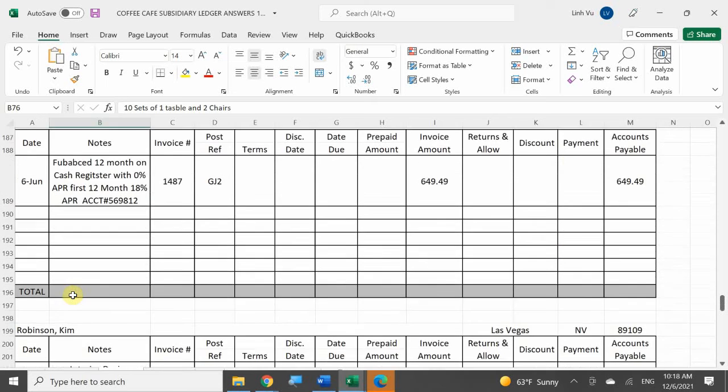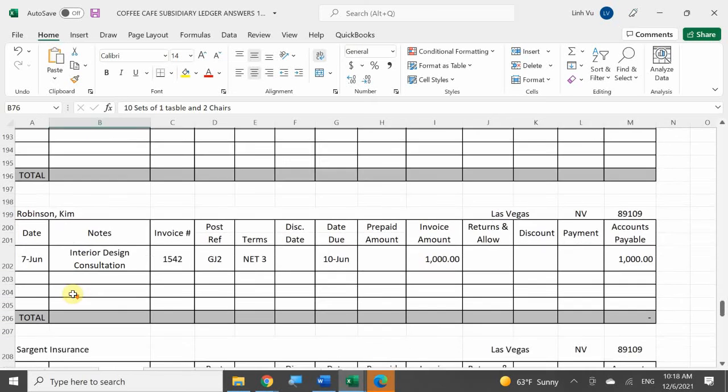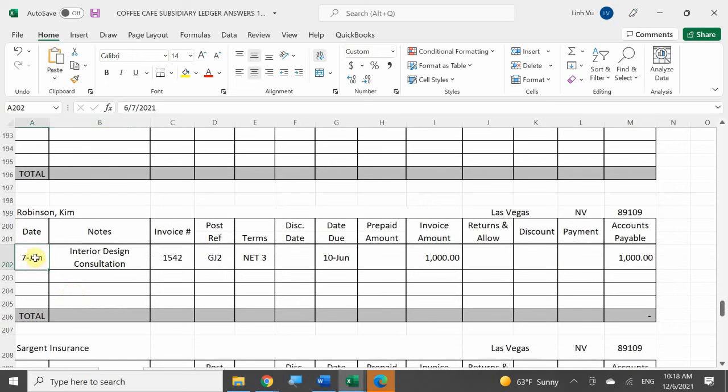Here she is. Robinson Kim was billed on the 7th for interior design. Here's the invoice number that proves the transaction has happened, invoice number 1542. And it says right here that we have 3 days to pay, so June 10th is our date, and we owe her $1,000.